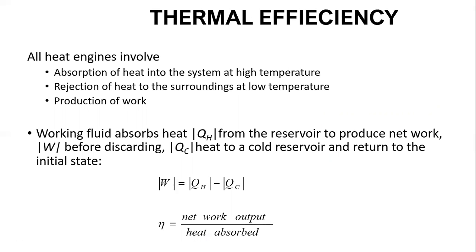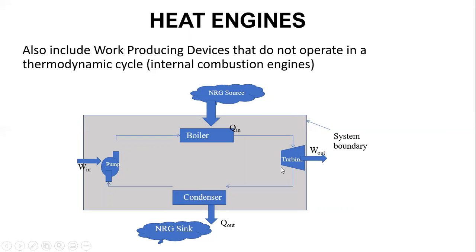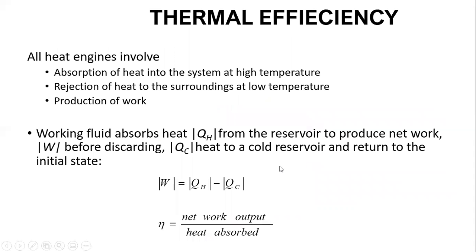So let's recap. All heat engines involve the following: absorption of heat into the system at high temperature, then rejection of heat to the surroundings at a lower temperature, and the production of work. In the previous example, we saw the production of work by our turbine.